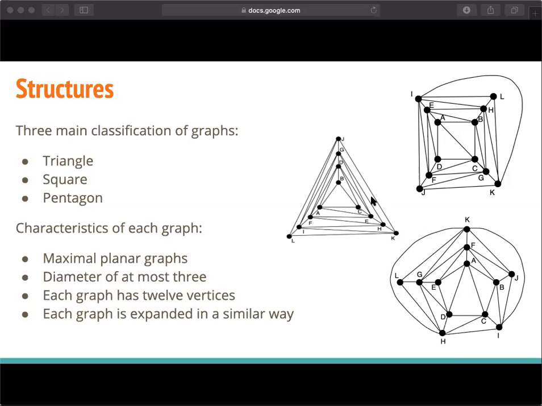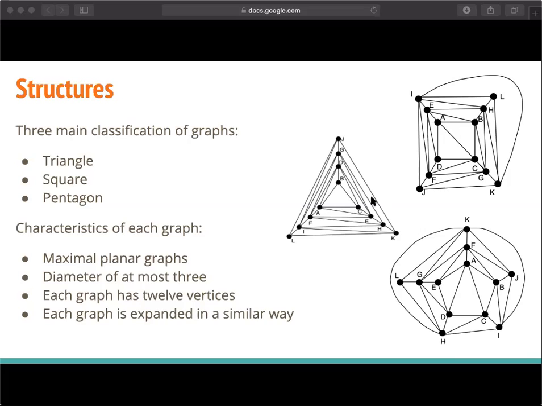And they all had the same form of expansion. They each have 12 vertices, no more, no less. And then they were all maximal planar and their diameter was at most 3.